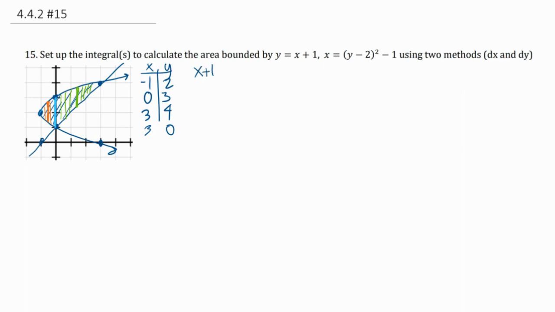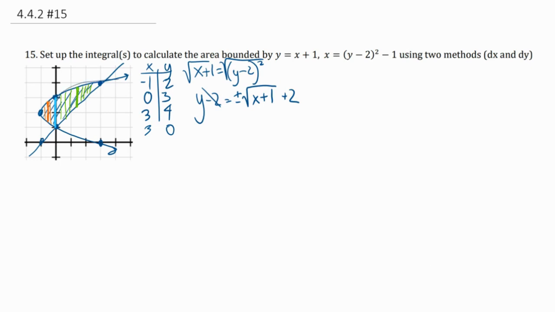So it's going to be x + 1 = (y - 2)^2. Take the square root. When you take the square root, what do you have to do? Plus or minus the square root of x + 1. Add 2 to both sides, and you get y = ±√(x + 1) + 2, which makes sense because remember how to graph square roots. This is backwards 1, up 2.